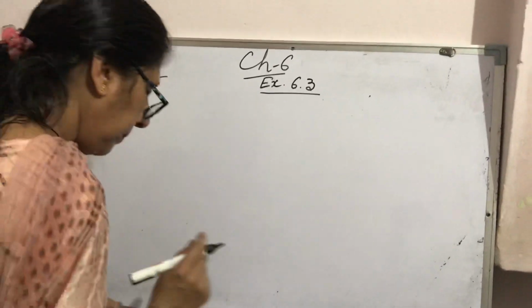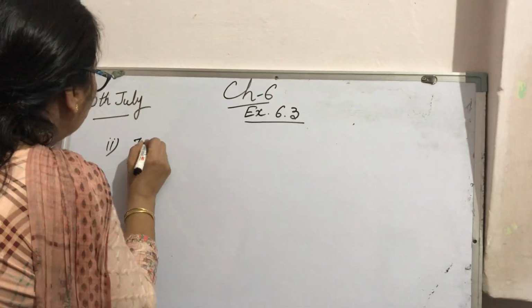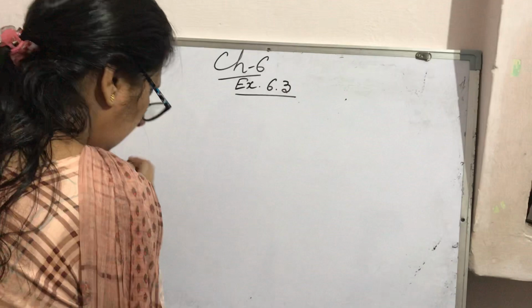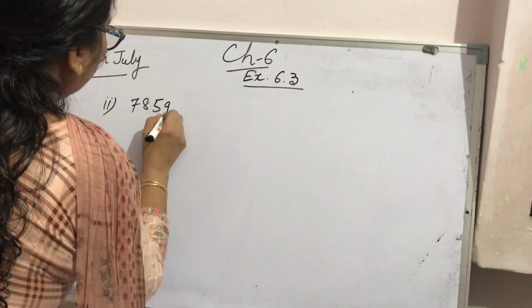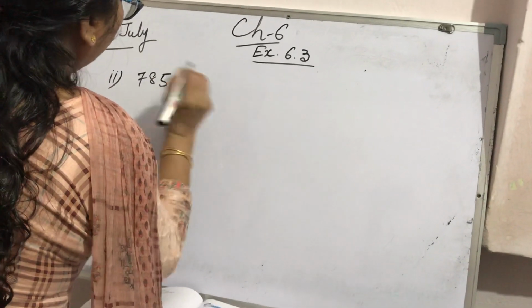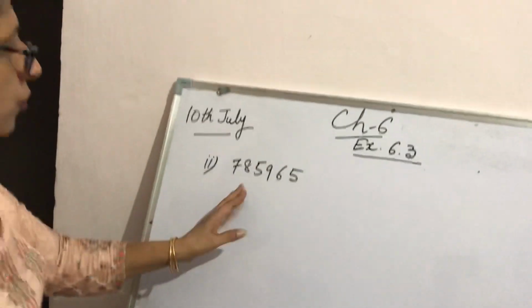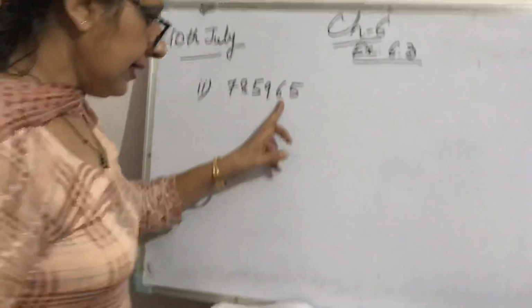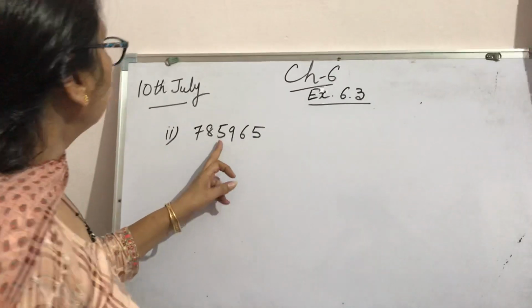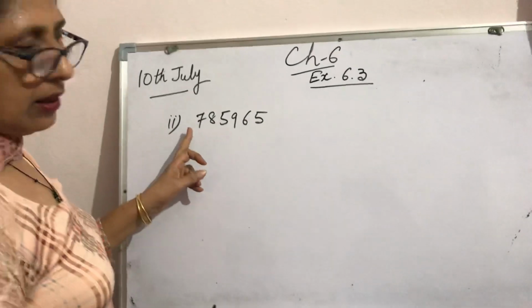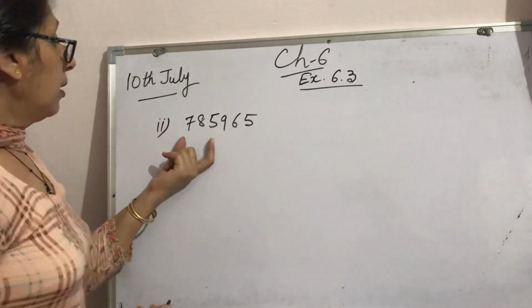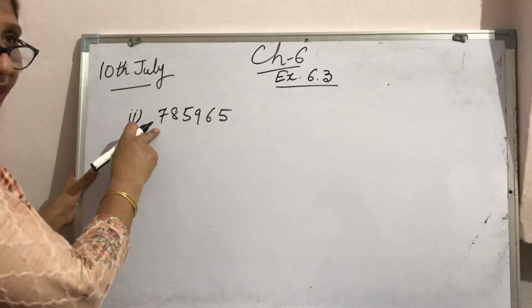Second part. 7, 8, 5, 9, 6, 5. First of all, this is ones, tens, 100, 1,000, 10,000, then lakh. So we count from lakhs now.